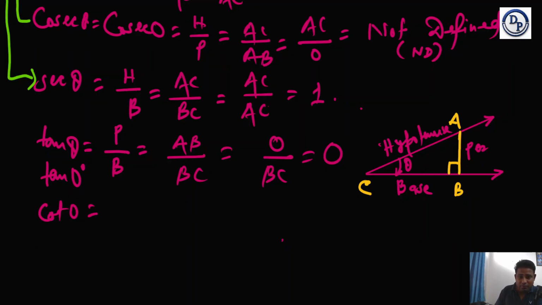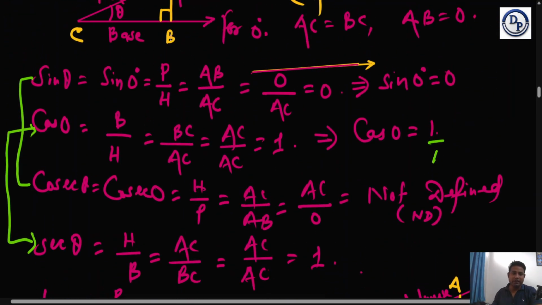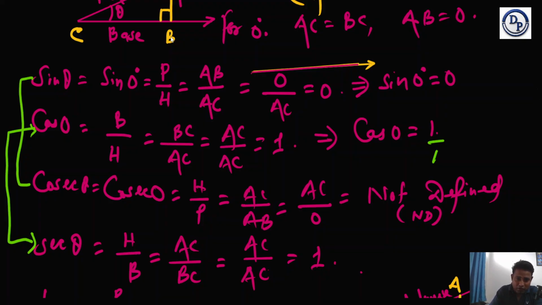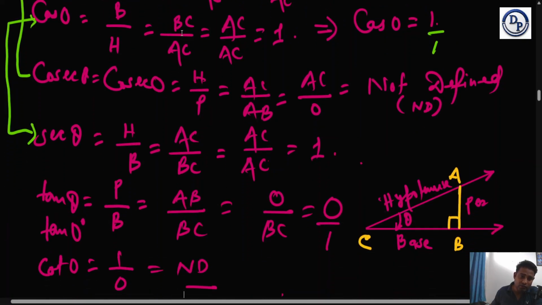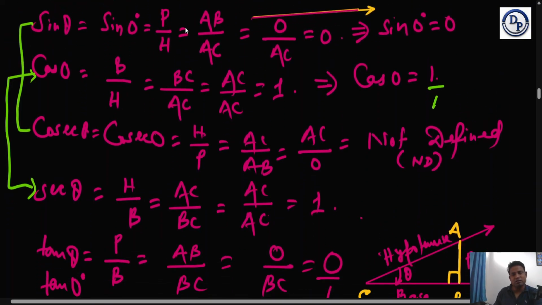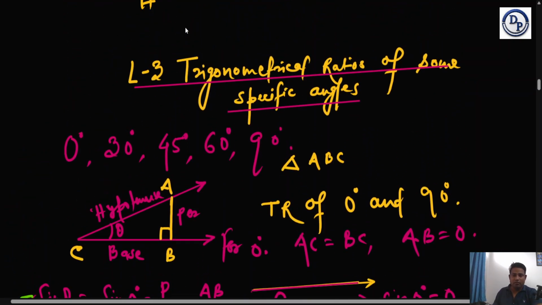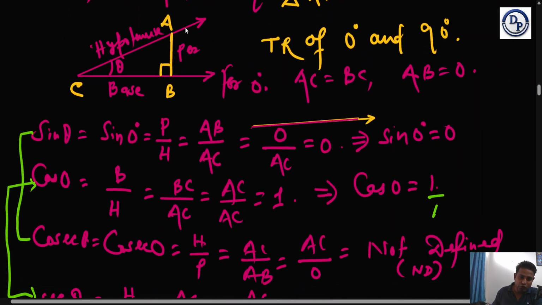It's the reciprocal of tan, so 1 by 0, again not defined. These are the values for 0 degrees. Sine 0 is 0, cos 0 is 1, cosec 0 is not defined, sec 0 is 1, tan 0 is 0, whereas cot 0 is not defined. So this is how we can find the trigonometric ratios for 0 degrees.